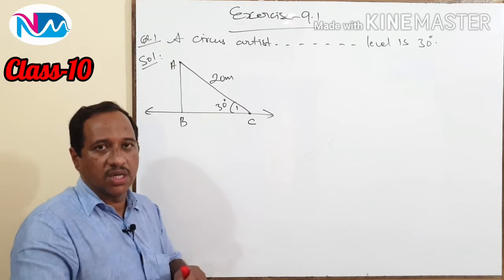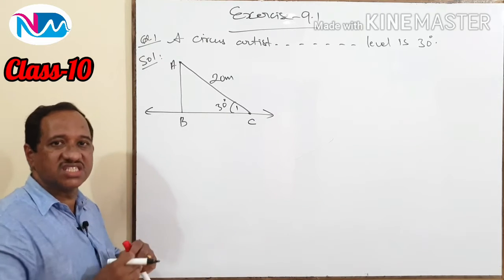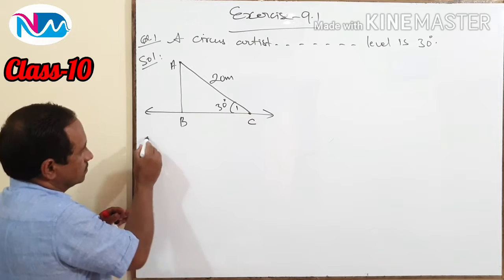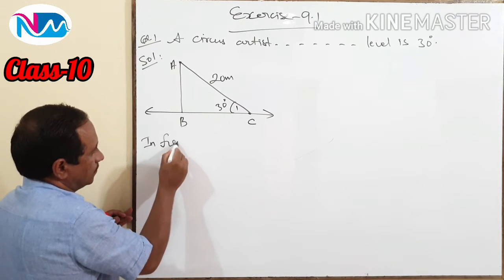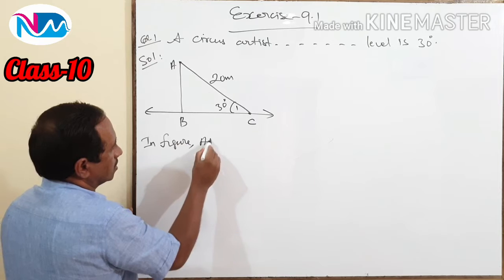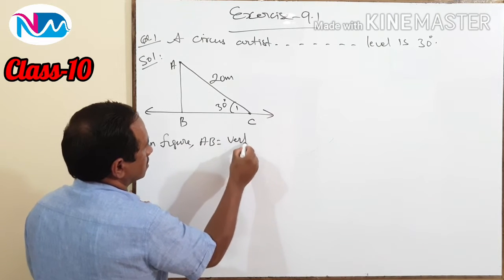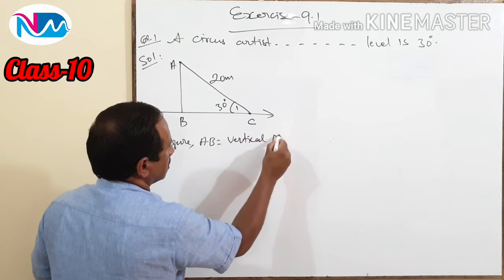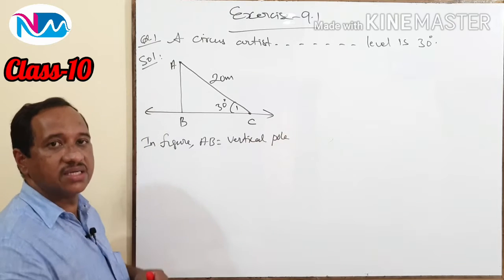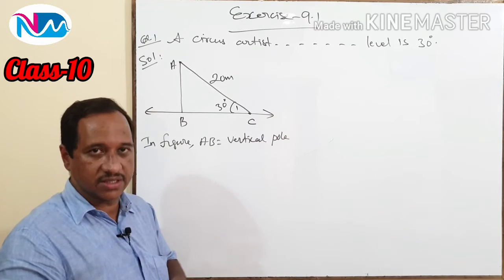So first of all, we will write a small description about the figure. In figure, AB is the vertical pole whose height is to be calculated.